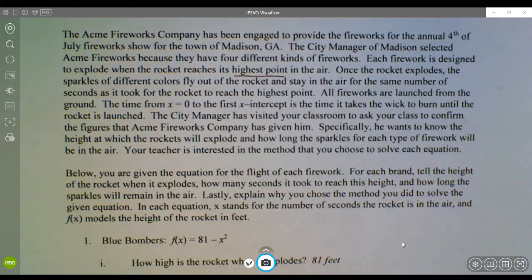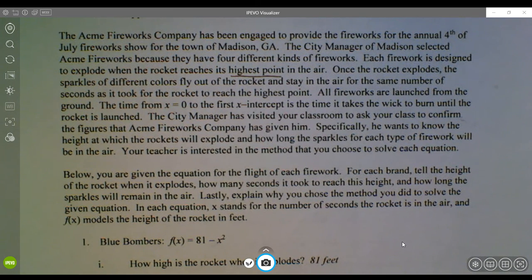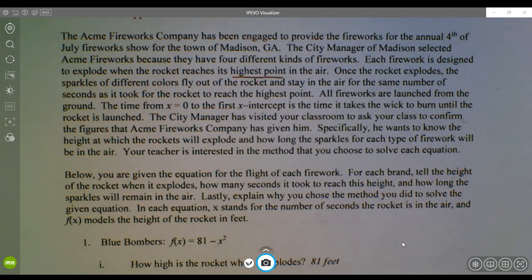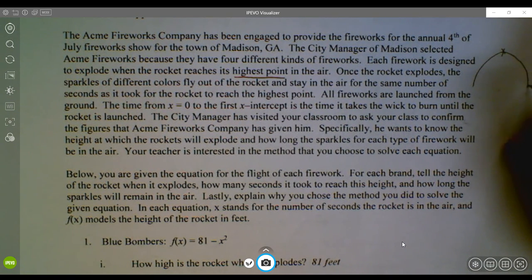Now, I don't know about you, but when I see highest point, I think of a maximum value. Once the rocket explodes, the sparkles fly out and stay in the air for the same number of seconds that it took the rocket to reach its highest point. So basically, the firework launches, it explodes, and then the sparkles come down in the same amount of time.